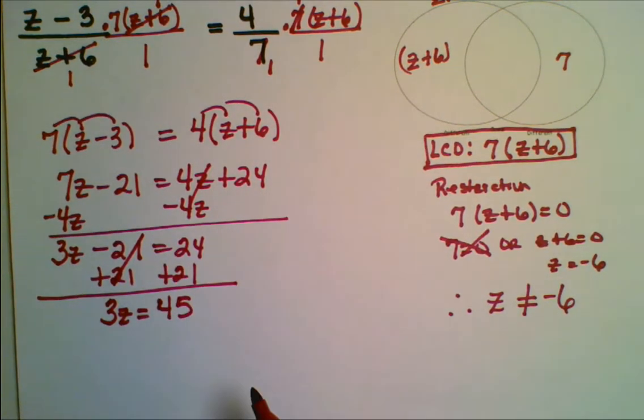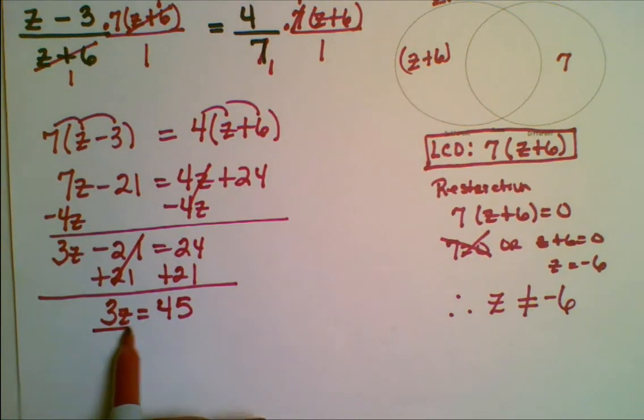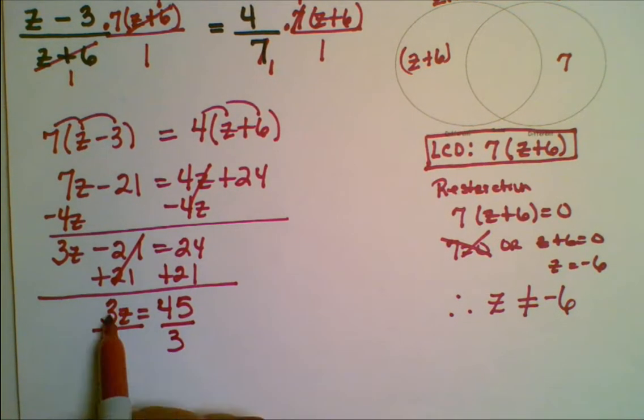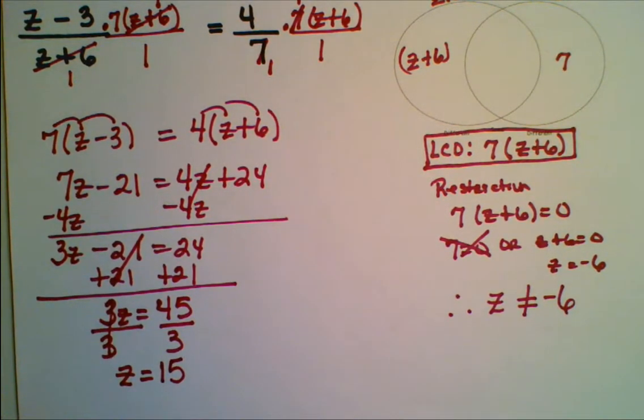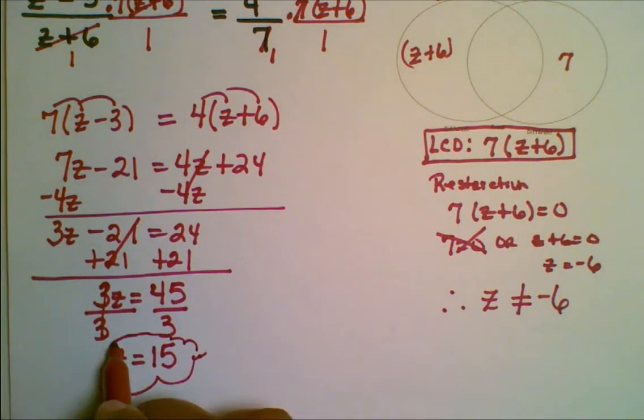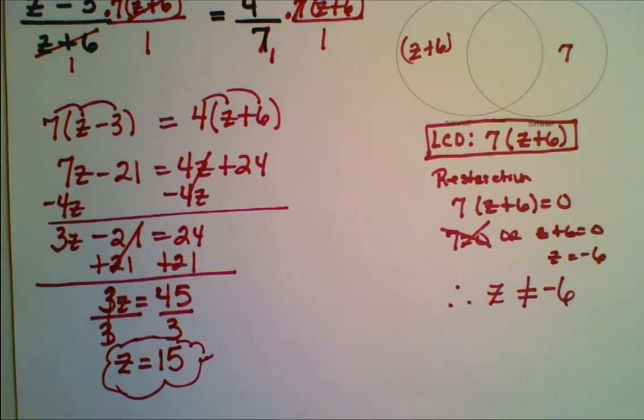Yeah, 24 plus 21 is 45. And then our last step is to divide by 3. And we have z is equal to 15. So this is our solution. z is equal to 15. It's not the restriction. We have a solution here.